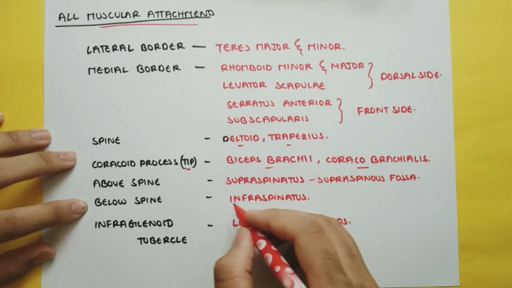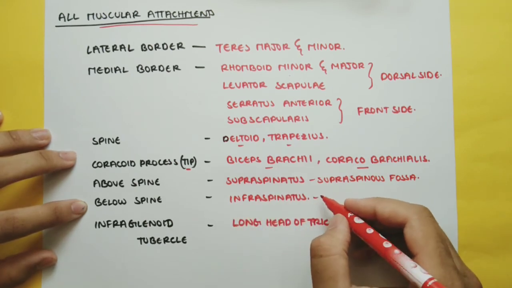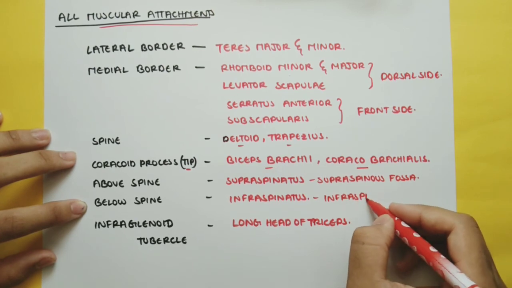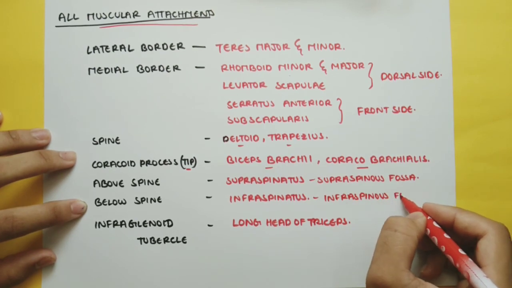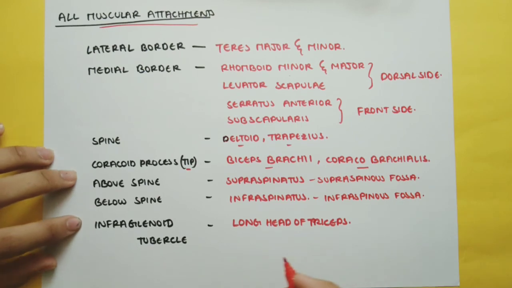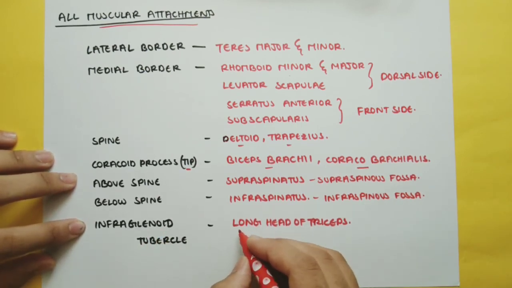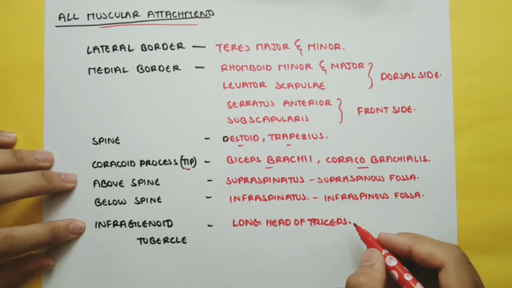And below the spine, the infraspinatus muscle originates from the infraspinous fossa. Now the infraglenoid tubercle gives the attachment for the long head of triceps.